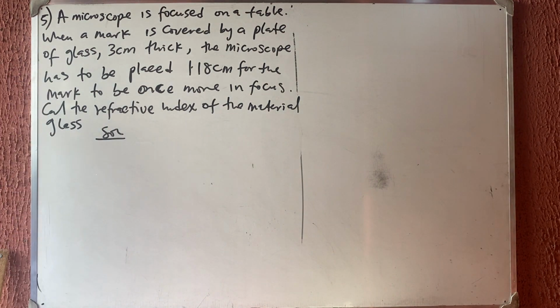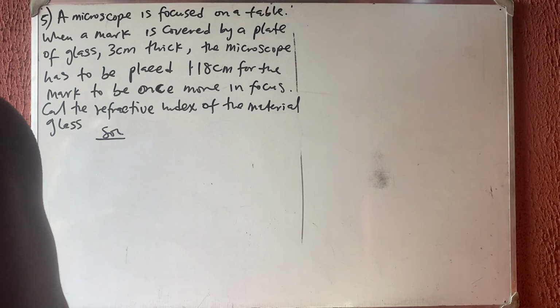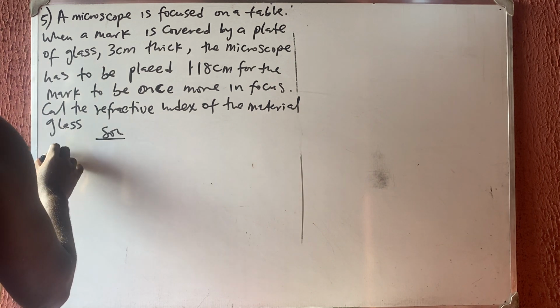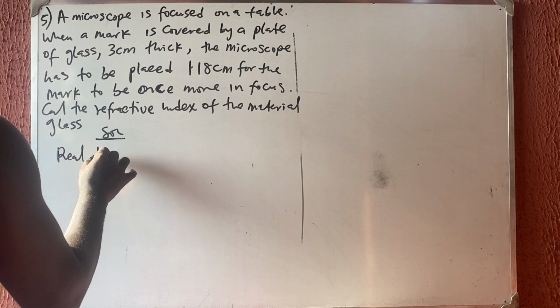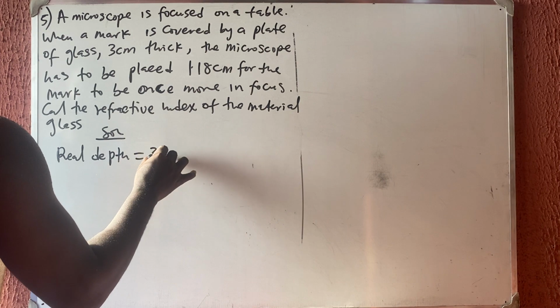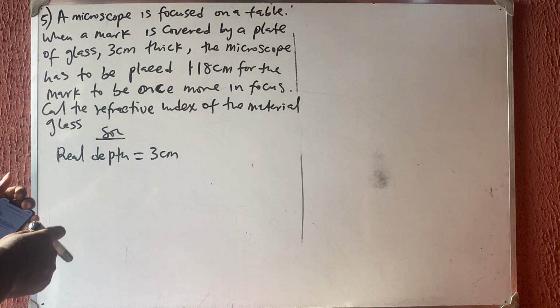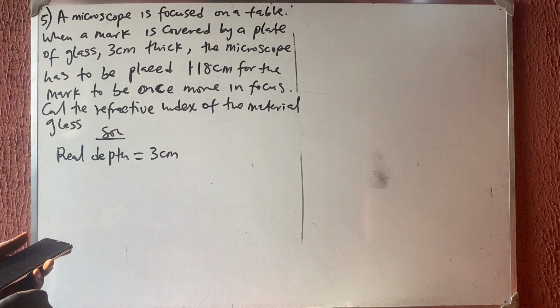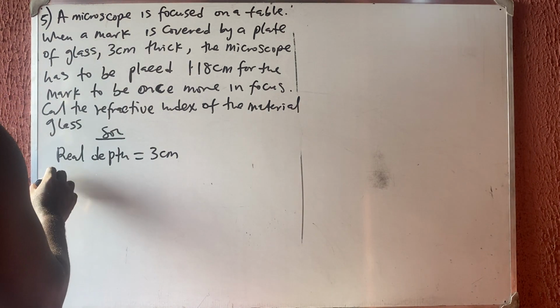Now this is a very simple question. Now what do we do? They gave us that the thickness is the real depth, which is 3 cm. Then they say that the microscope has to be moved 1.18 cm from the mark.